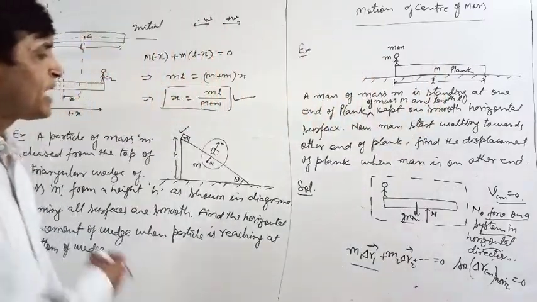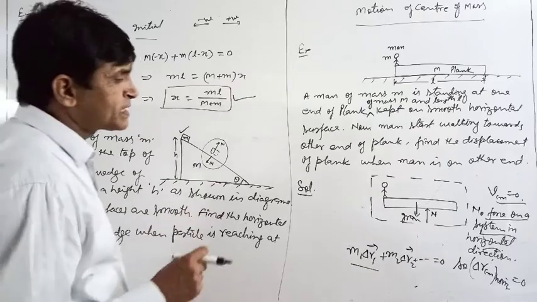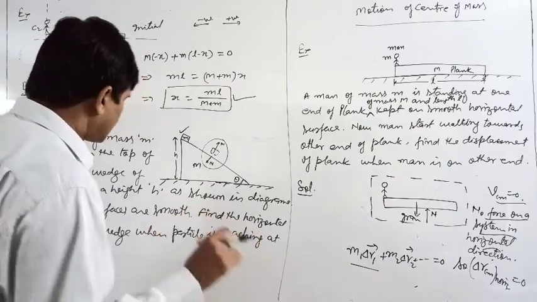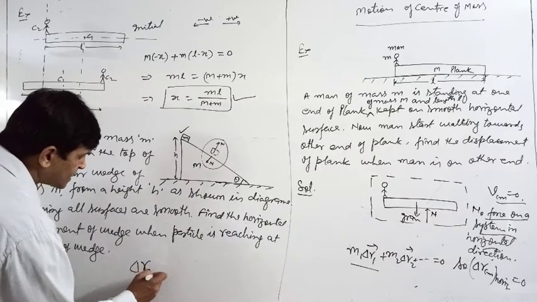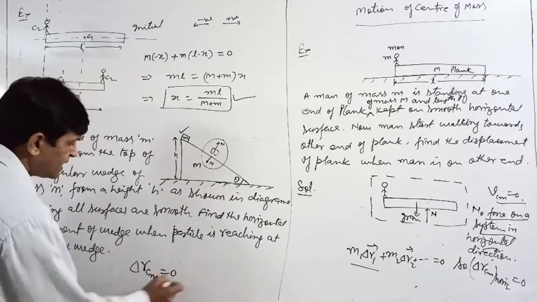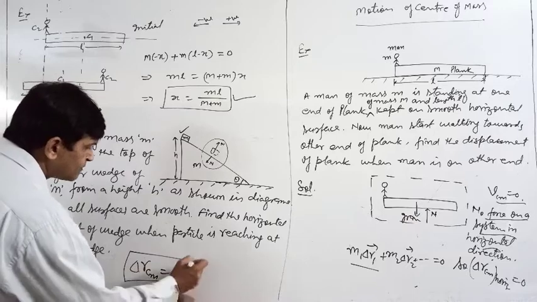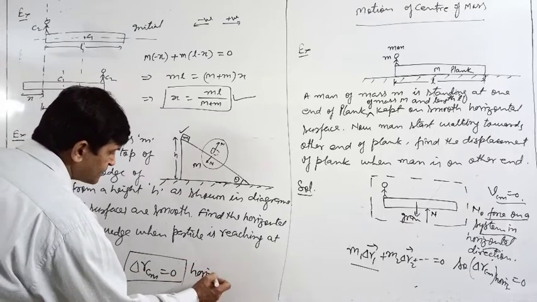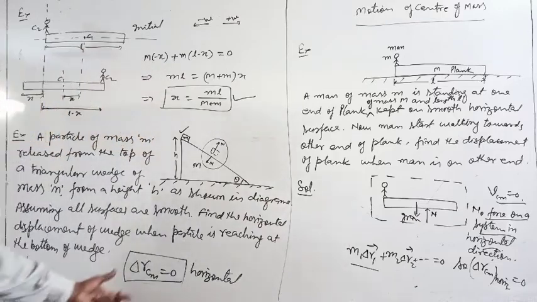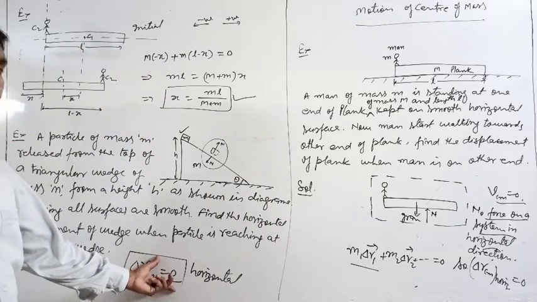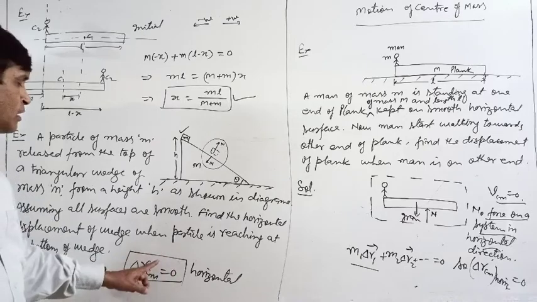The horizontal component of the center of mass will remain constant. So here also delta RCM is equal to 0 in the horizontal direction. So the horizontal component of the center of mass of the system will not change.